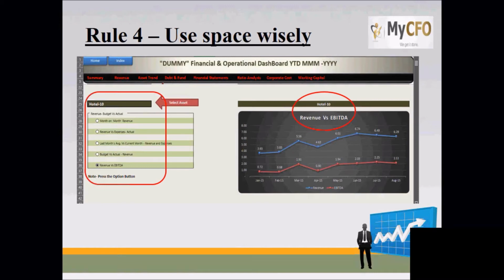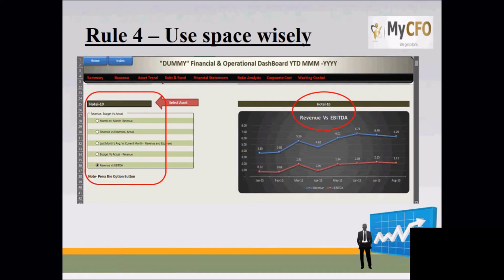Though there is a single graph, there are n number of options available on the left-hand side. We do not want to clutter the dashboard. We do not want to give excessive data. We wanted to use the space correctly and in an efficient manner so that it attracts the attention of the user.